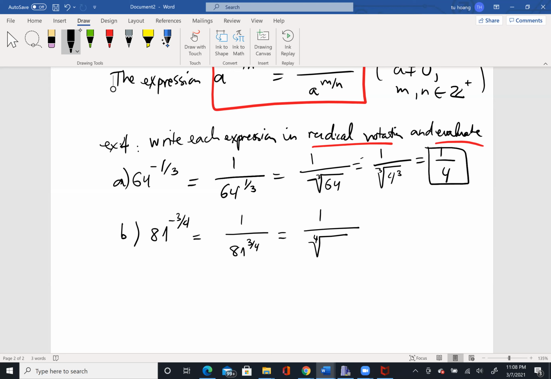So I have the 4th root of 81, and put the 3 outside. The 4th root of 81 is equal to 3, so you have 3 to the power 3, and then 1 over 27 is the answer.